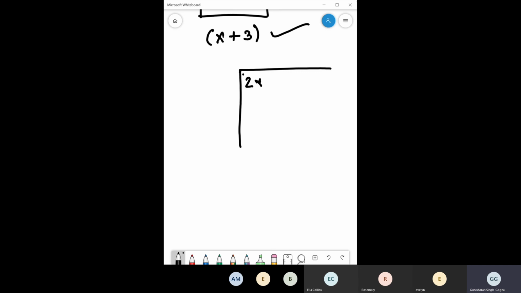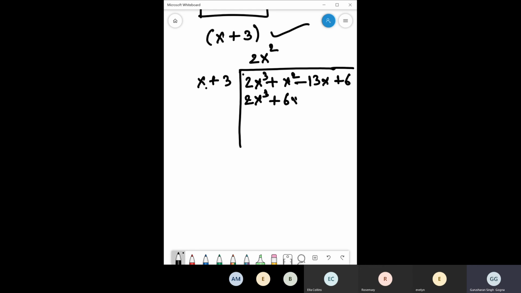So how to do long division? 2x cubed plus x squared minus 13x plus 6, and you need to divide by x plus 3. Okay. So what would you multiply with x to get 2x cubed? x multiplied by 2x squared will give you 2x cubed, and whatever you multiply to x, you have to multiply with 3 as well.